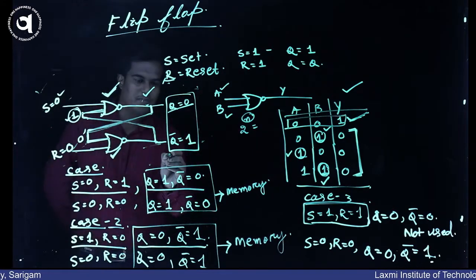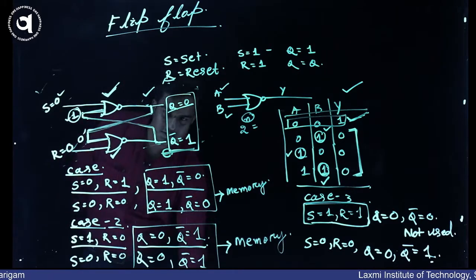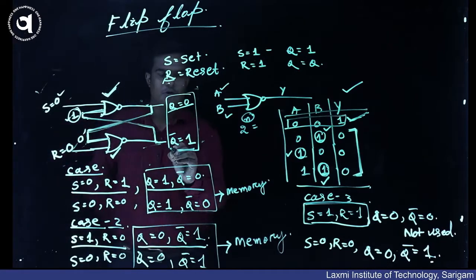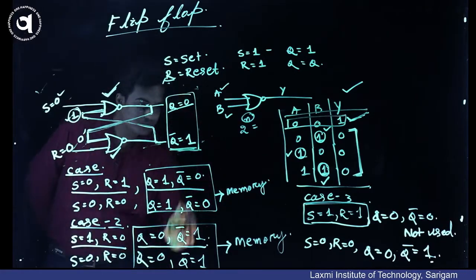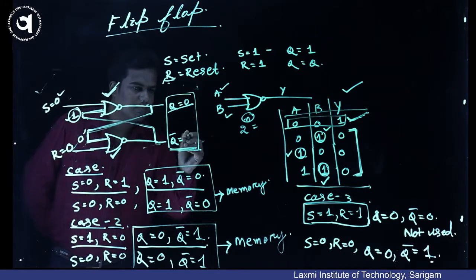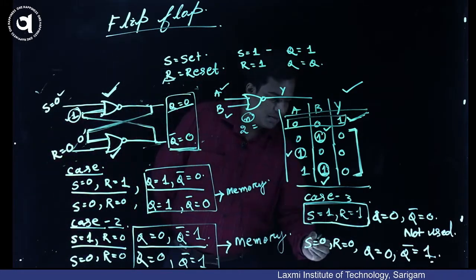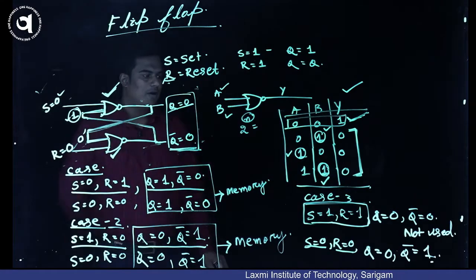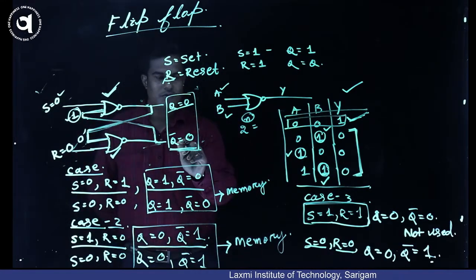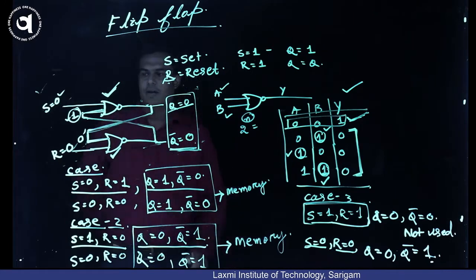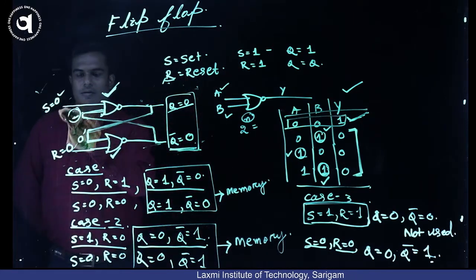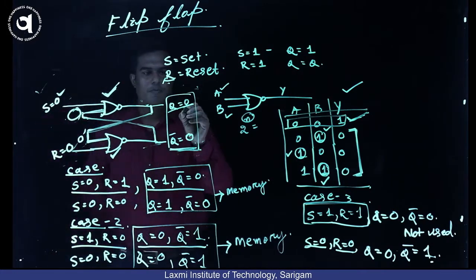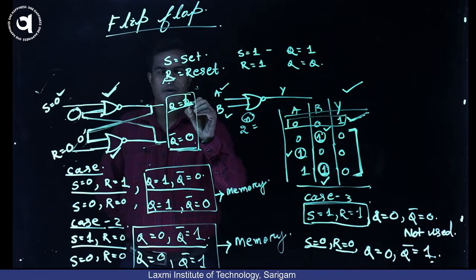Initially I started from Q. Let me start from Q bar and see what output I get. When S is equal to 0 and R is equal to 0, the previous value of Q is 0 and Q bar is also 0. If I apply the same thing here, both the inputs are 0 and 0, so the output must be 1, here Q must be 1.